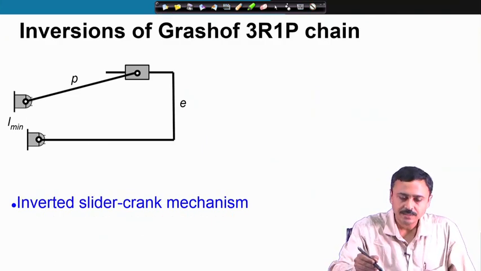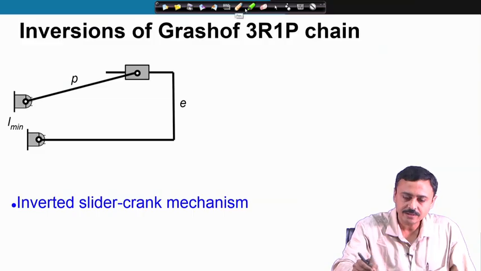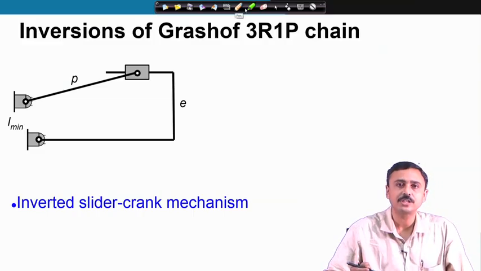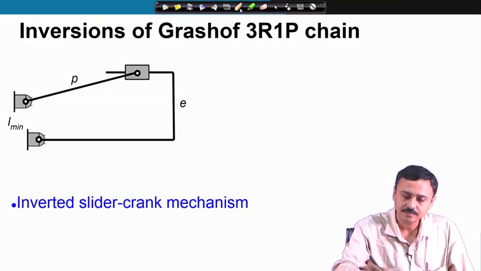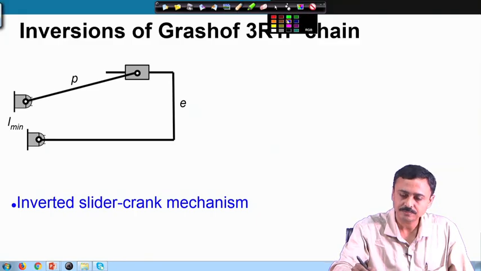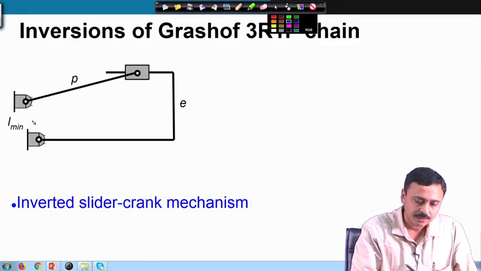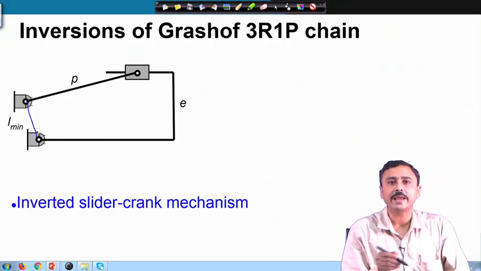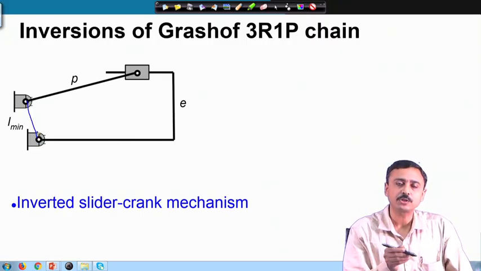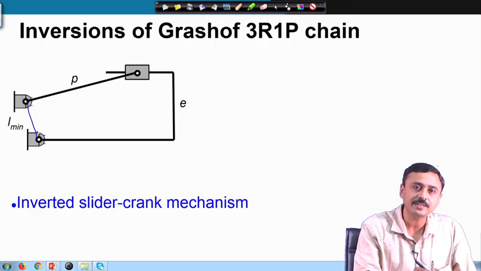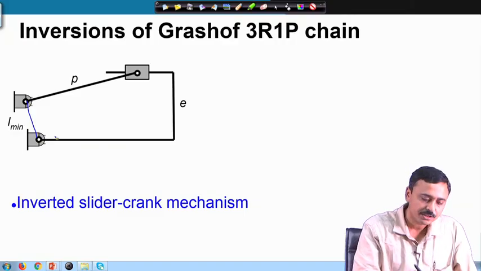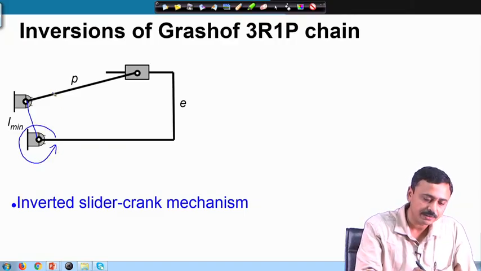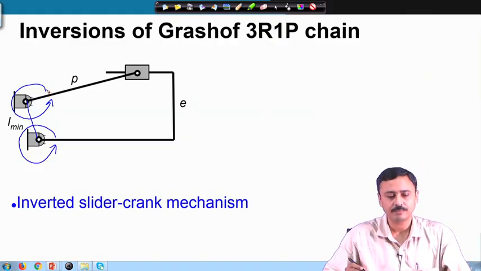If I fix L-min, the link which is the shortest, then what happens? As we have seen, L-min can rotate completely with respect to all other links. Therefore, now if I fix L-min, the other links should be able to rotate completely with respect to L-min.